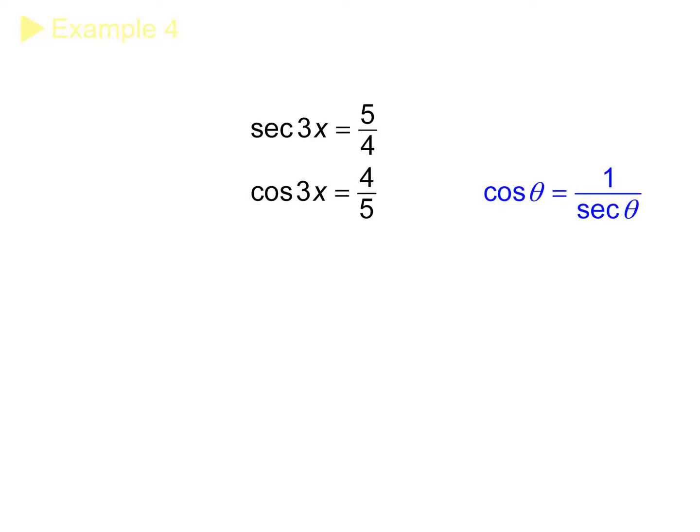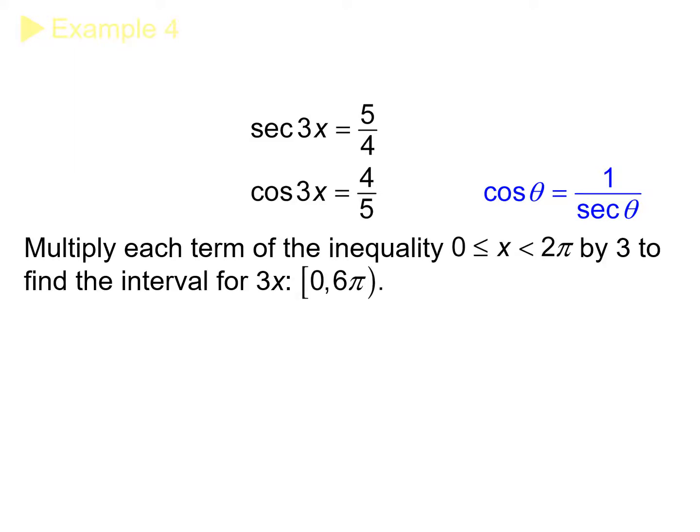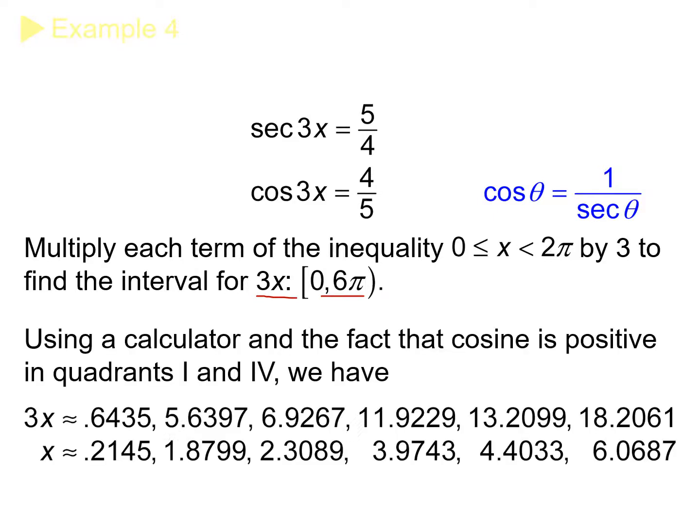I want to convert this to cosine. It's easier for me to work with. So cosine of 3x is 4/5. Now, I want to multiply each term of this inequality by 3 to find the interval for 3x. So when I do that, I get the interval goes from 0 to 6 pi. Now you're going to need to use a calculator and realize that cosine is positive in quadrants 1 and 4. So you're going to get 3x is equal to 0.6435, 5.639, 6.926, 11.9, 13.2, and 18.